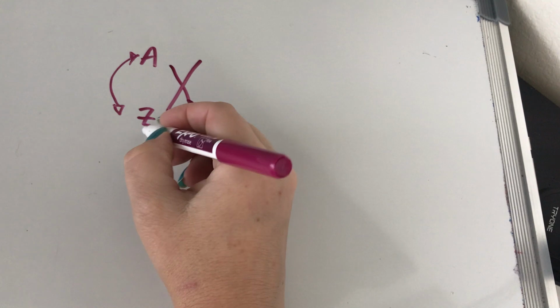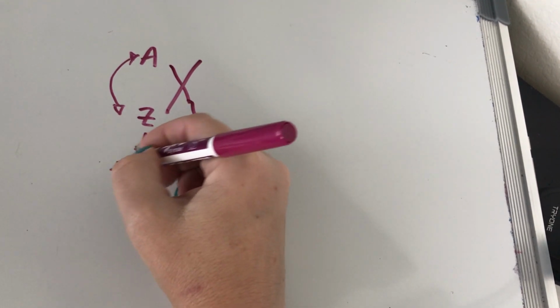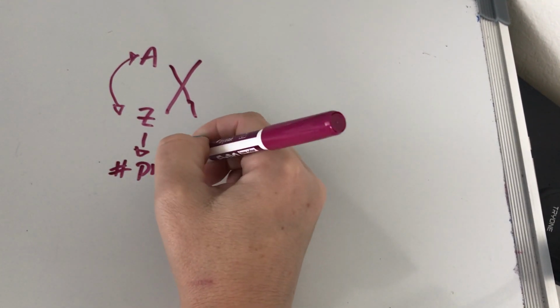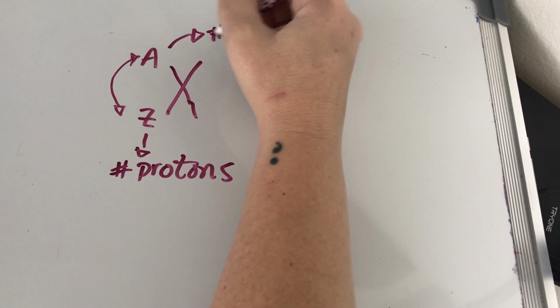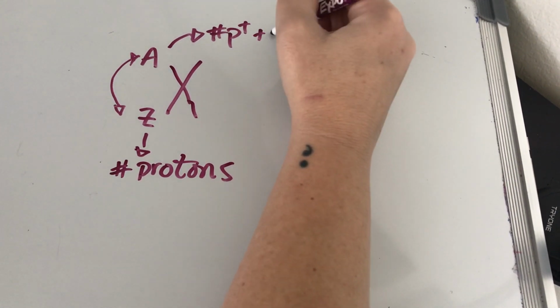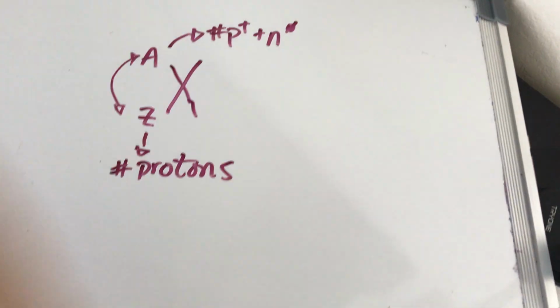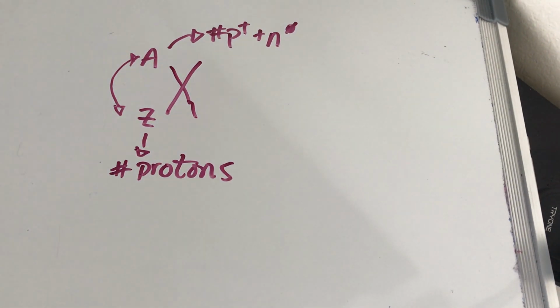So I think that's the most confusing thing, that this one is the number of protons, and this one is the number of protons plus the number of neutrons, right? And then to find the neutrons, we would just subtract the protons from the atomic weight.